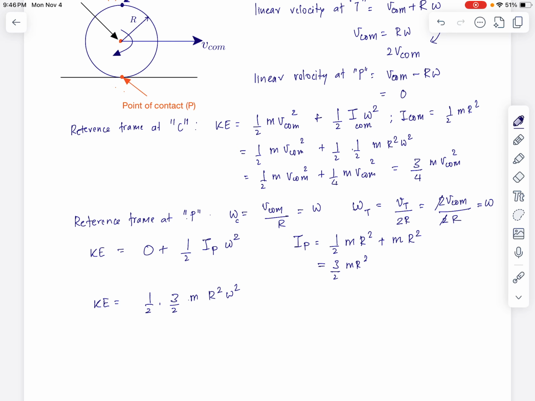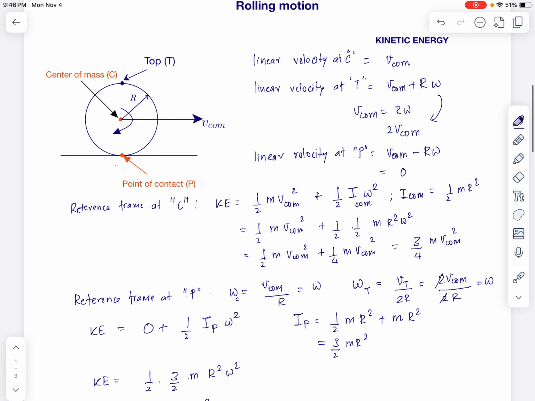So the expression we get here is 3/4 m v center of mass square. So the kinetic energy, its value, is independent of the frame of reference. We needn't worry about the frame of reference that we are using for our computations. That's a very important result of rotational physics.